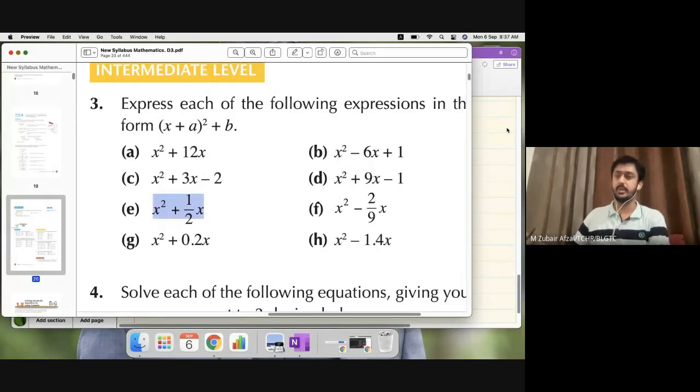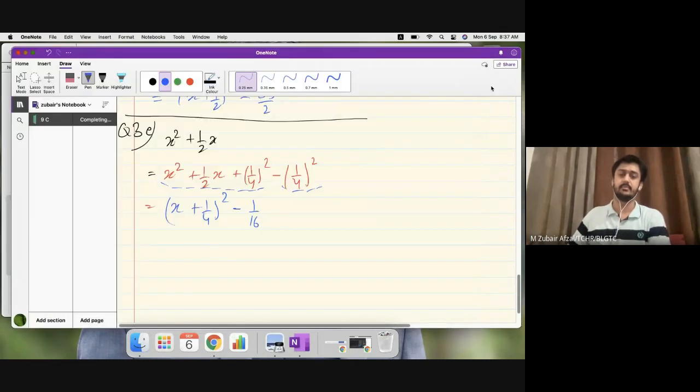I think we should complete it and move on to next question. Okay, F is x square minus 2 by 9x.